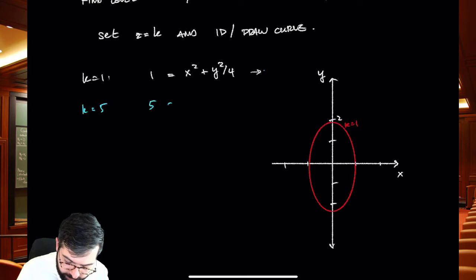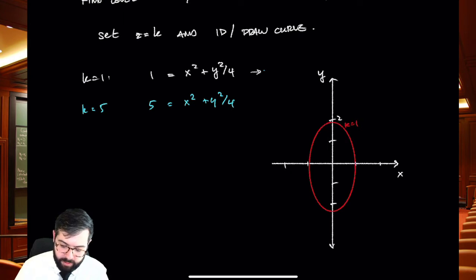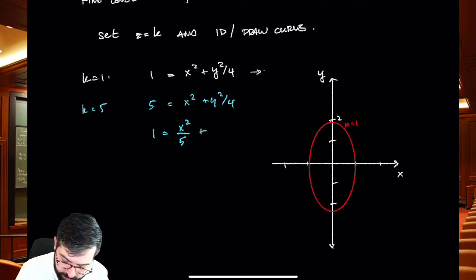Well, here's 5 equals x squared plus y squared over 4. And what is this? Well, it's not in standard form, but if we divide both sides by 5, we get 1 equals x squared over 5 plus y squared over 20. Right, so what's happening here?